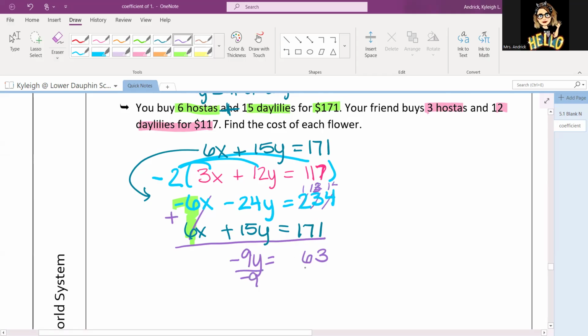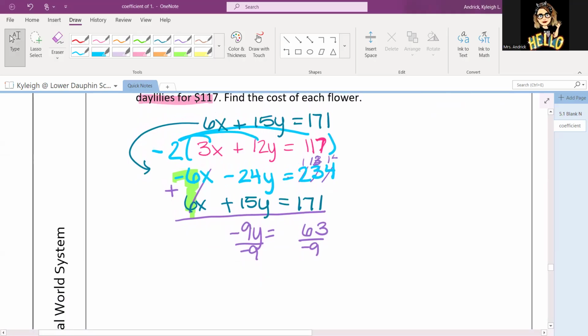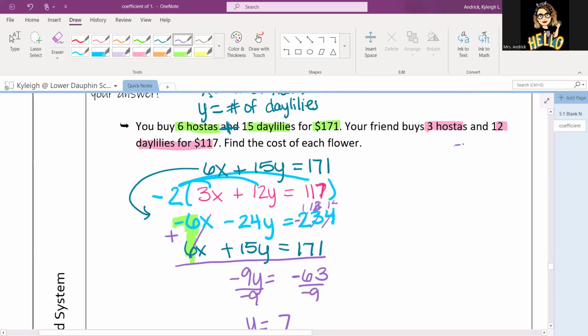And then divide. Oh, this was a negative. That's a negative. Whoops. I missed my negative sign. But I'm not going back. So hopefully you unpaused and we're listening. So y is 7. Now we need to find x.